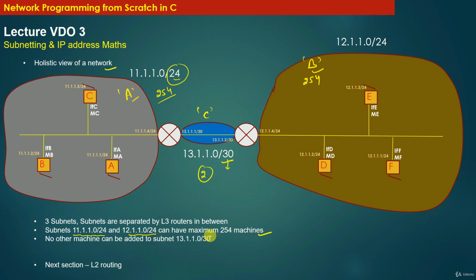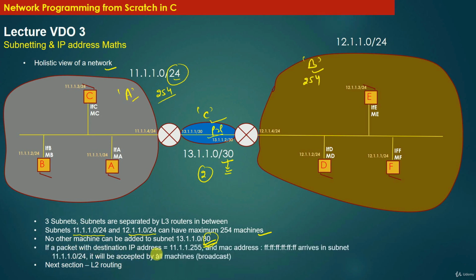Because we are using mask value 30 for subnet C, we cannot attach any other machine to it, because it is a point-to-point link. Practically, the point-to-point link will not allow a third machine, and conceptually also, using mask value 30 we are debarred from attaching a third device, because we do not have any assignable IP address left for that third machine.